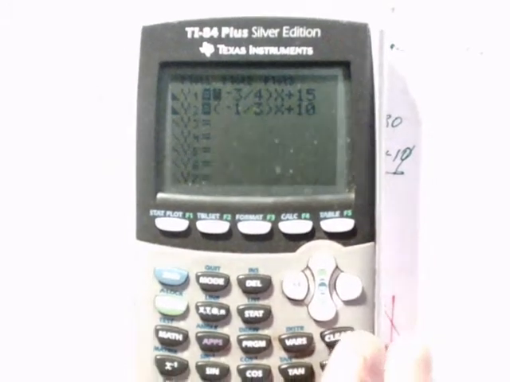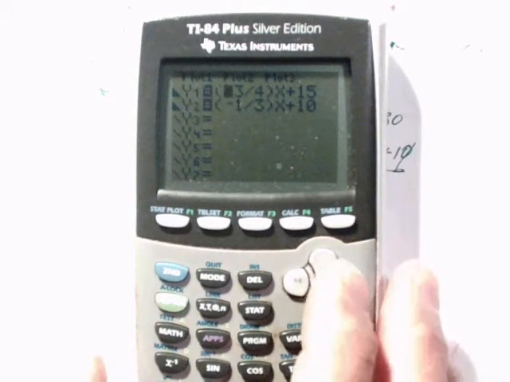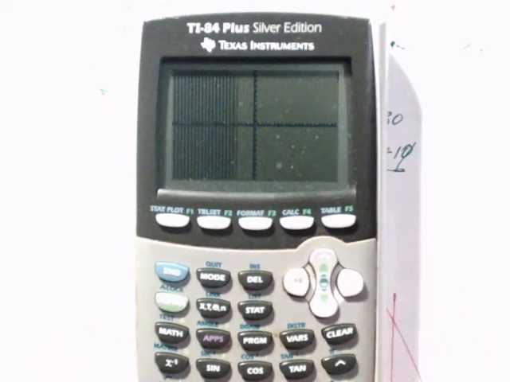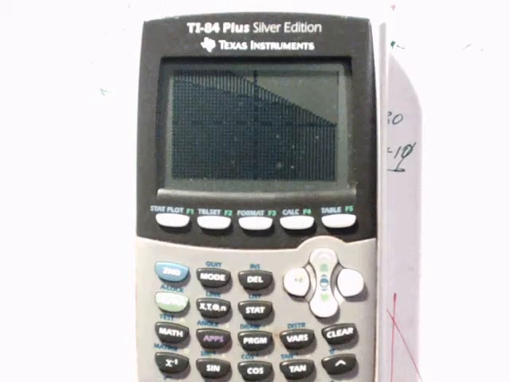And then when I say graph, see, it graphs one line and one side of it, and graphs the other line and one side of the other one, and the region with both shades is a little bit not easy to see. If I change the window, you can see it better.